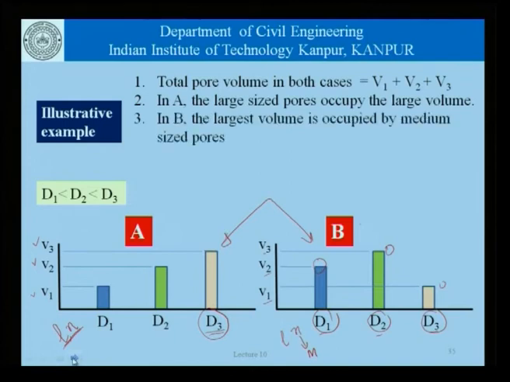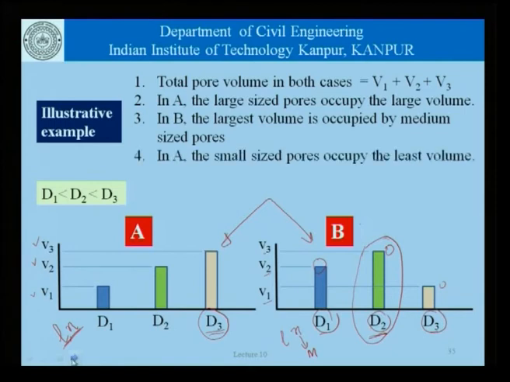Whereas, for B, the largest volume is occupied by the medium sized pores. The largest volume here is V3, of course, that is the way we have defined, that is the way we have modeled. That is now contributed by pores which are medium sized. In A, the small sized pores occupy the least volume.